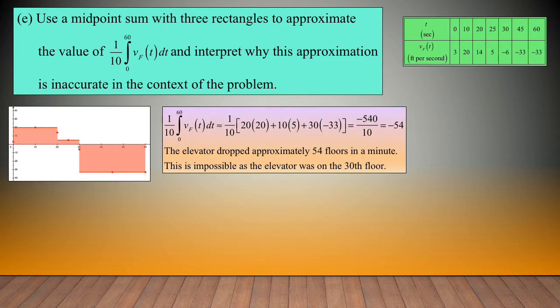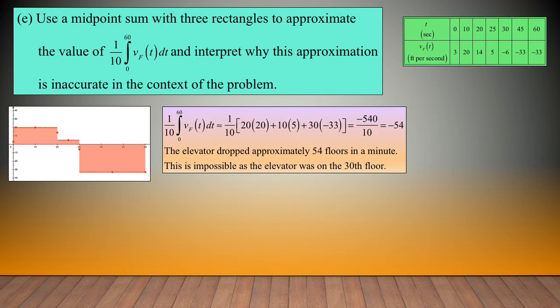There are many ways to set up three rectangles, but only one way to set up three midpoint rectangles, as in any midpoint rectangle, one of the t-values must be the midpoint of the other two. So our three midpoint rectangles will go from 0 to 20, then 20 to 30, then 30 to 60.